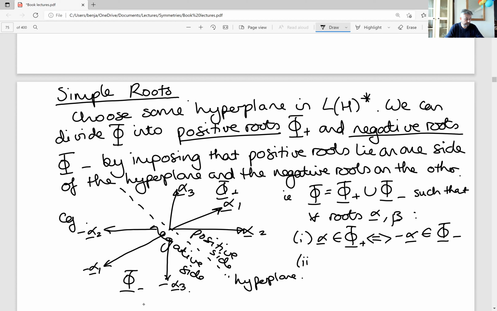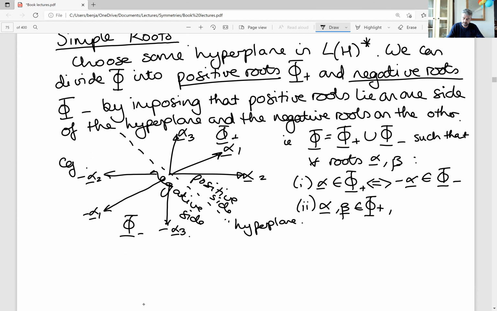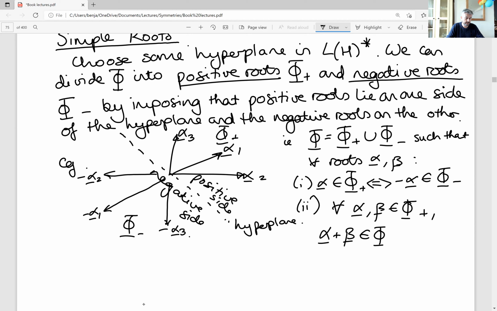And secondly, for all alpha and beta being positive roots, alpha plus beta is in the root set implies that alpha plus beta is in the positive root set.